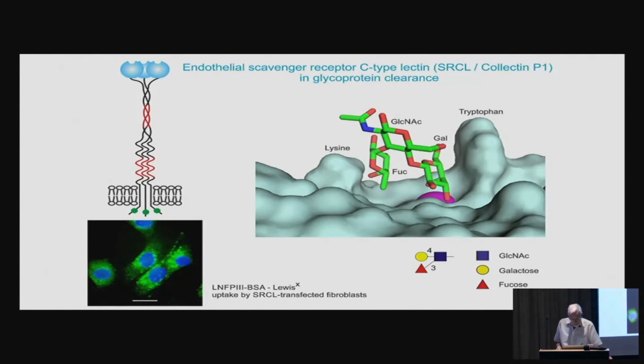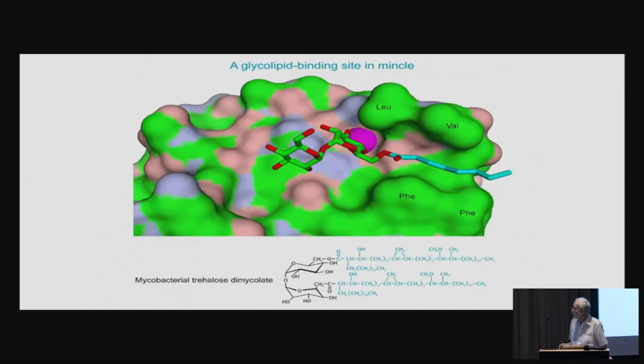So we can end up with a binding site that's more specific by binding more sugars, more complicated sugars. And finally, we can end up with a binding site that interacts with things beyond the sugar.